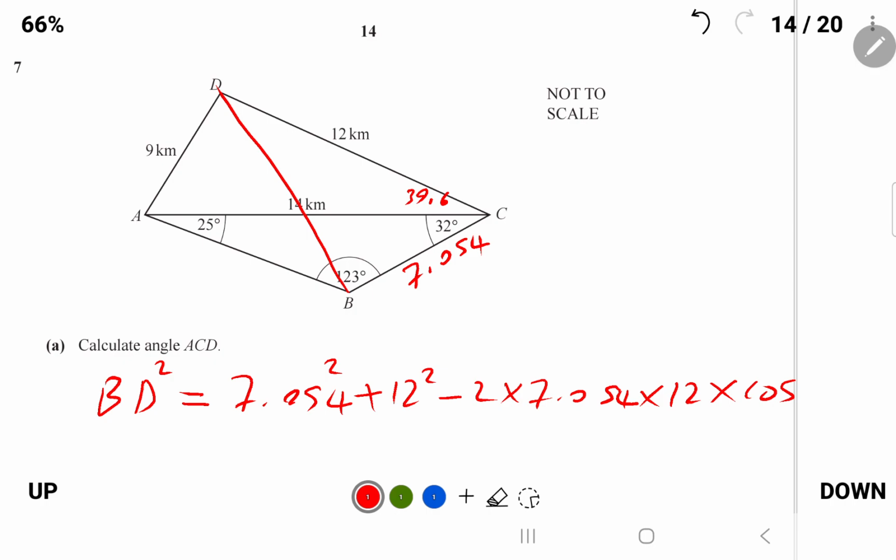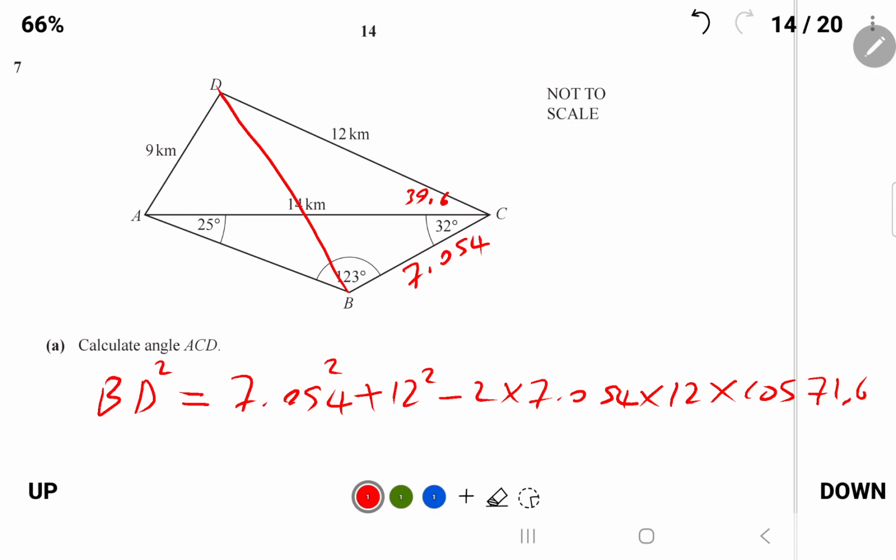Now we have to add 39.6 plus 32. So this is 71.6. So here 71.6.